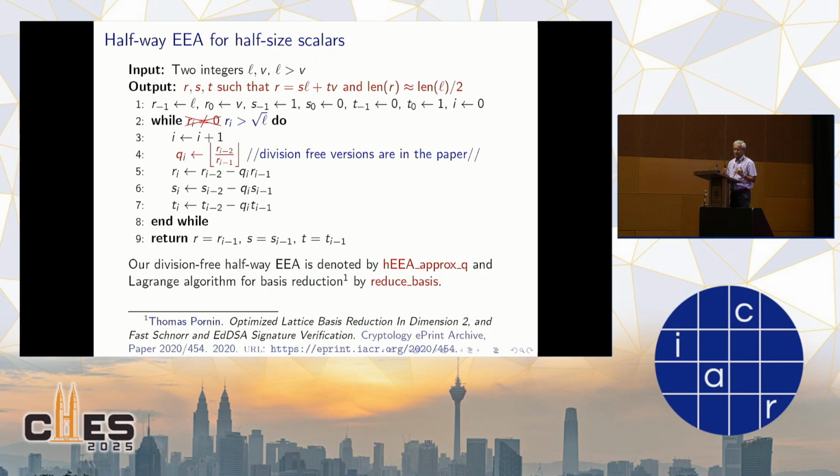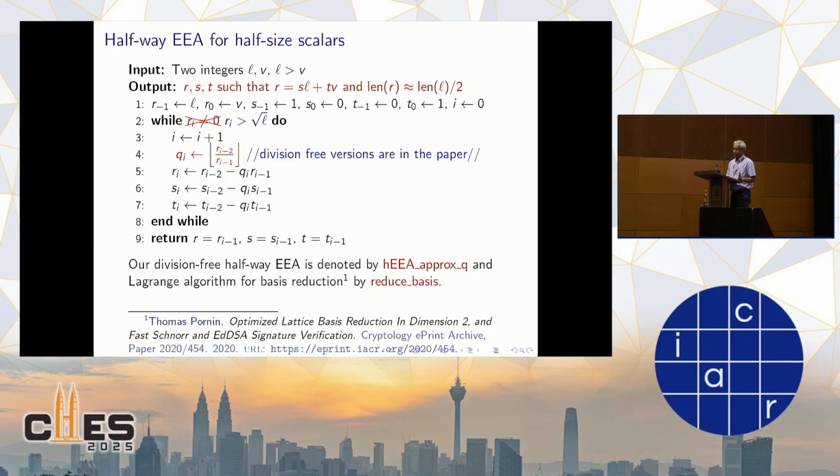So he devised a division-free version of Lagrange's algorithm, and that helped to speed up the verification of Schnorr and EdDSA signatures.